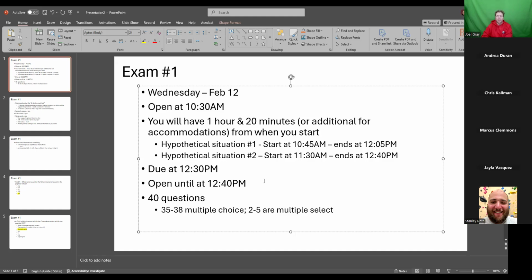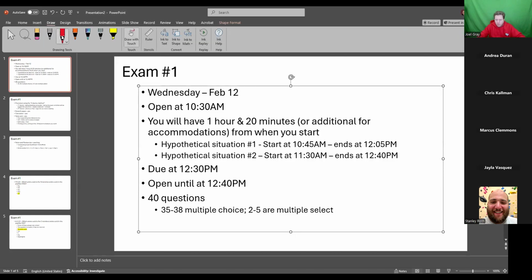And the difference that you'll see when it comes to your answers for the multiple select questions, go to the draw function. What you'll see is, oh, sorry, everyone.